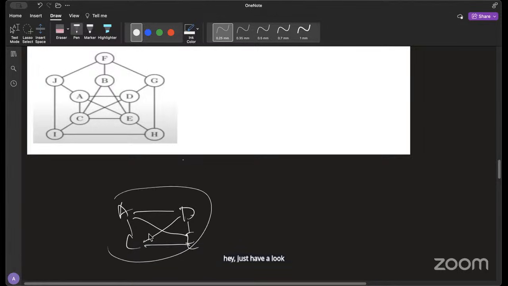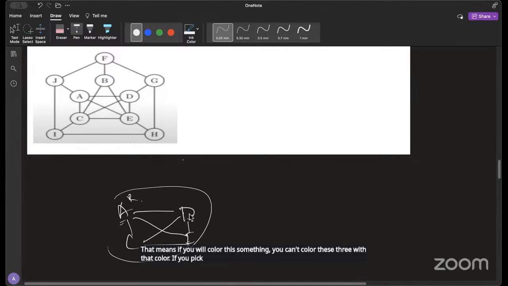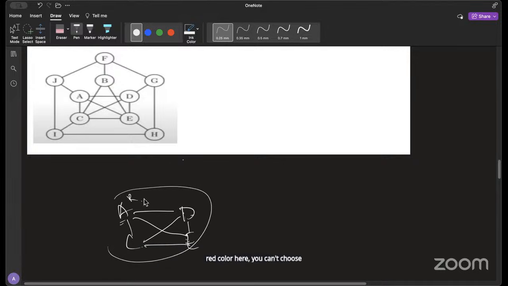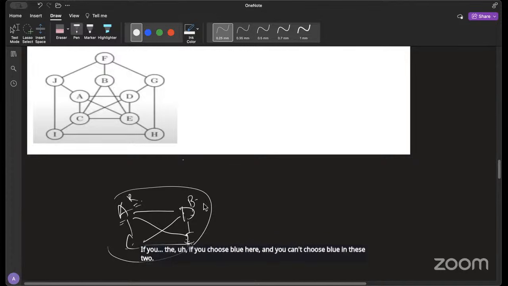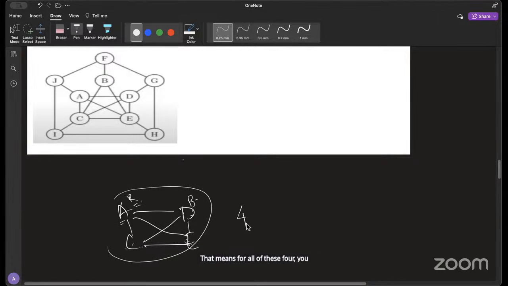That means if you color something, you can't color these 3 with that color. If you pick red here, you can't color these ones red. If you choose blue here, then you can't choose blue in these 2. That means for all of these 4, you have to have 4 colors, right? Ma'am, 5.